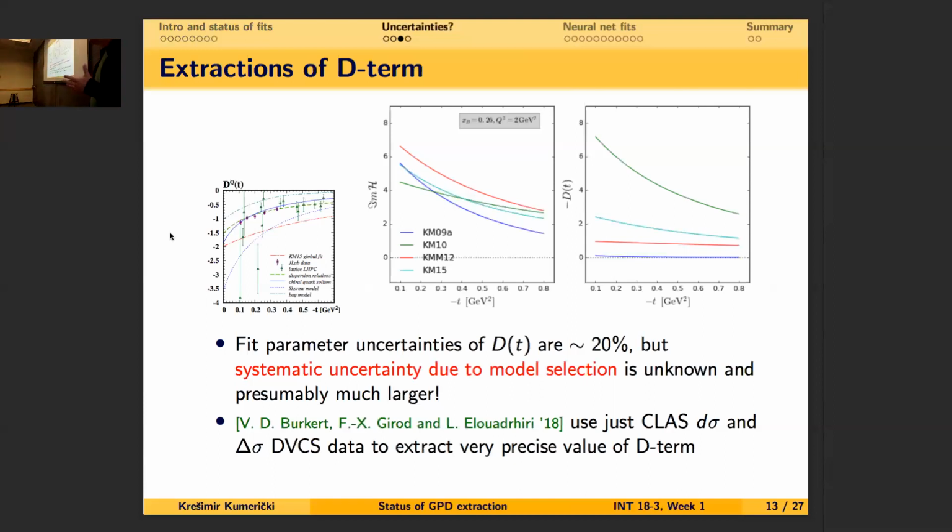So this would mean extremely precise knowledge of pressure inside the nucleon. So there is, in some sense, a disagreement with this, and we try to address and understand this, because, as said, this error comes mostly from the experiment, and obviously we don't know how much error comes from the theory and from the choice of the model. They used also a parameterization similar to what we use, so it should be comparable, right? It's not apples and oranges.